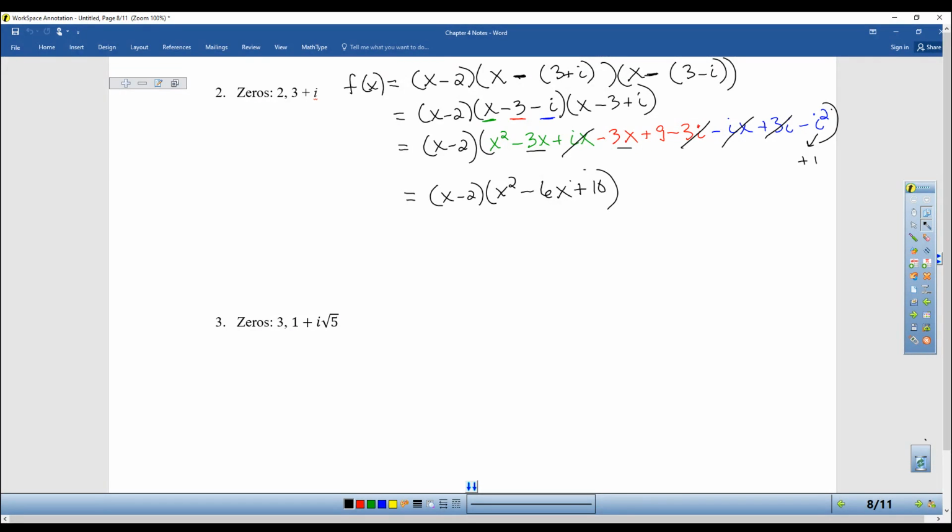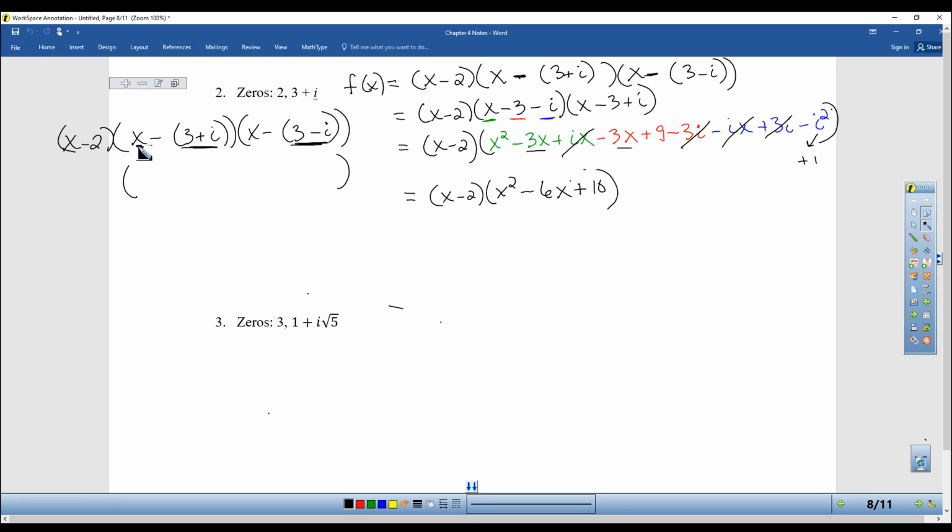Okay. I am going to take a minute. If you would like to skip this couple seconds of video here, I am going to show you a shortcut that some kids like, but some kids find very confusing. So from this step, when you had x minus 2, and then x minus 3 plus i, and x minus 3 minus i, the way some people jump to the answer is they say to themselves, well, let me leave this as a unit.